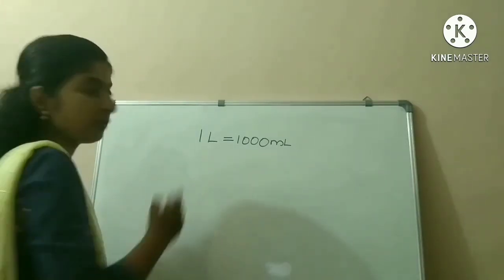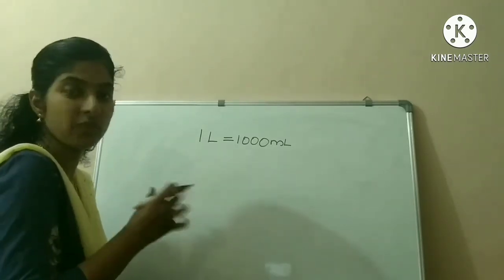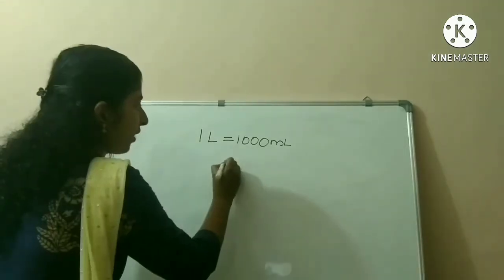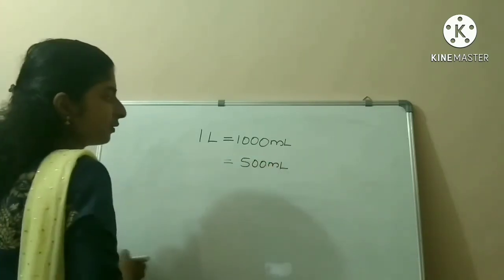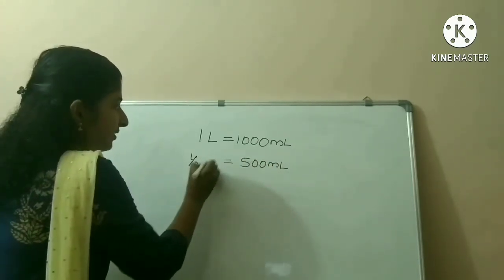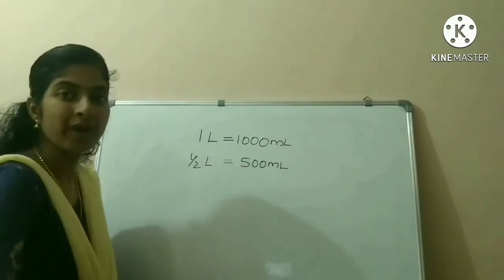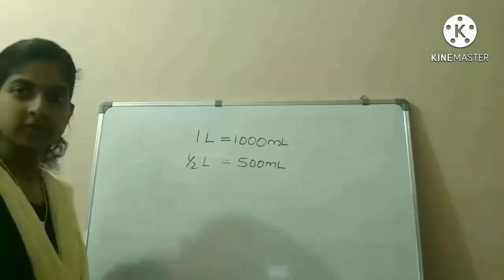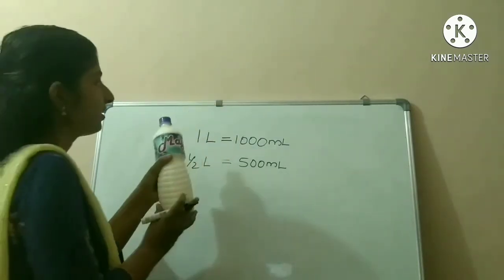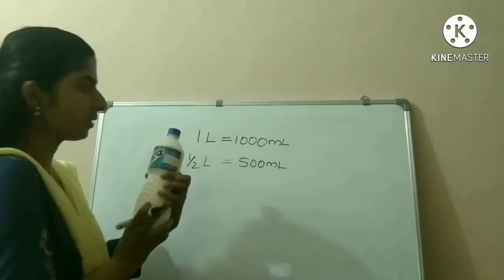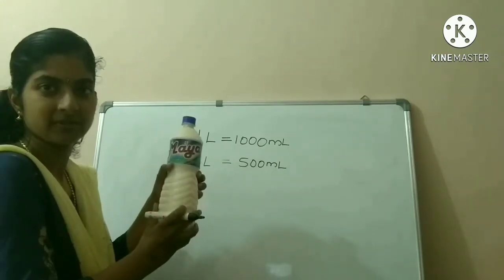Isn't it? So, half liter is equal to 500 milliliter. So, the capacity of this bottle is 1000 milliliter or 1 liter.